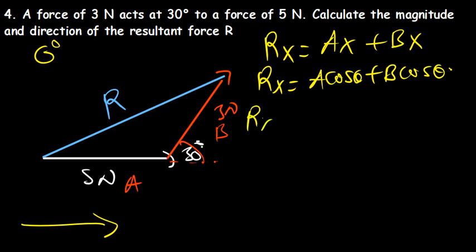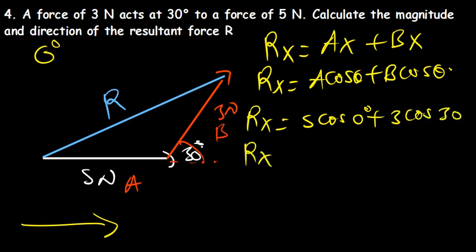Meaning that my Rx will be equal to my A, which is 5, cos 0 degrees, plus my B, which is 3, cos 30 degrees. So what is 5 cos 0? It is 5. What is 3 cos 30? It is 2.598, which is just 2.6.